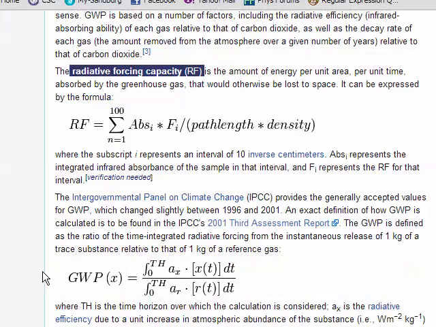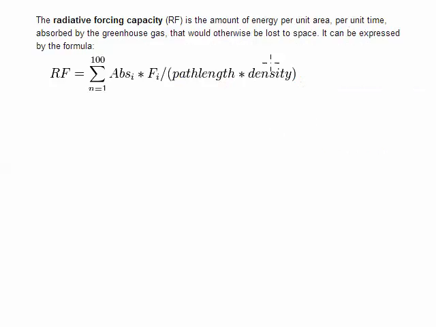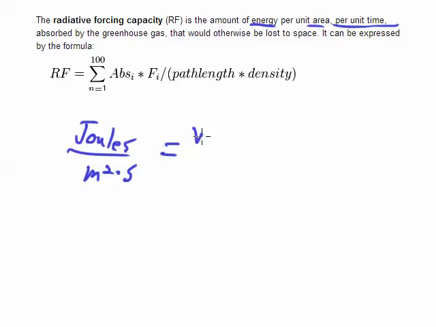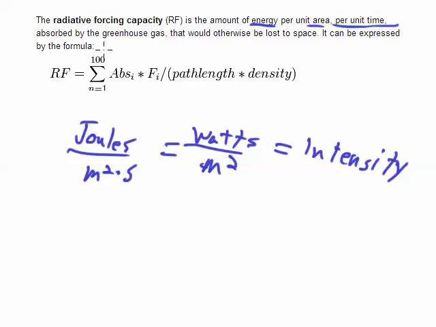The radiative forcing capacity, being the amount of energy, for instance joules, per unit area, say per meter squared, per unit time, per second, that is watts per meter squared, which is the same unit as intensity. And that is what is absorbed by the greenhouse gas that would have otherwise been lost to space.